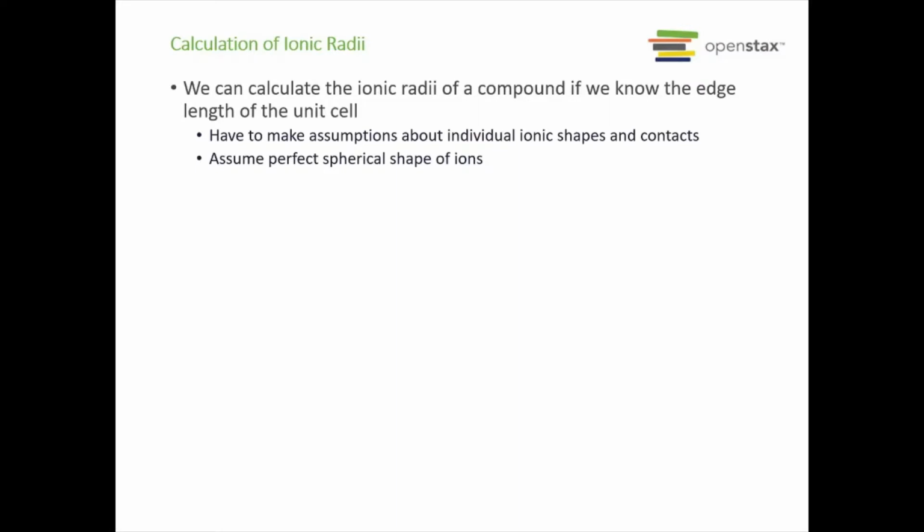So now we can actually calculate the ionic radii of a compound if we know the edge length of the unit cell, and you've kind of seen that already. You've probably noticed that we had to make some big assumptions about the individual ionic shapes and contacts. For instance, we had to assume perfect spherical shapes of the ions and that they're fully contacting each other on one of the sides or on the cross section.